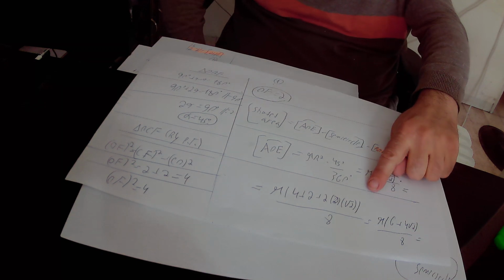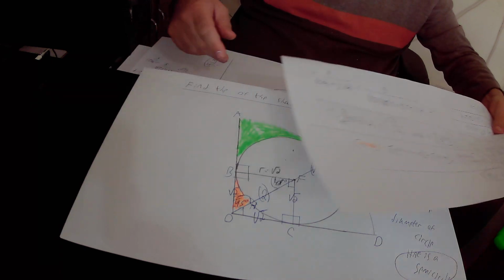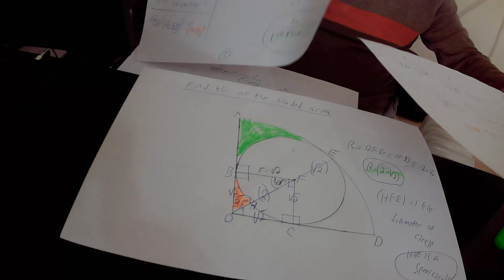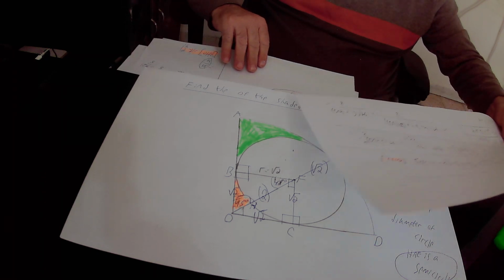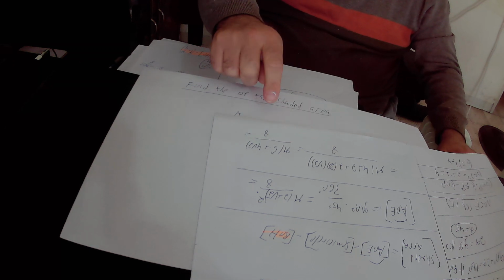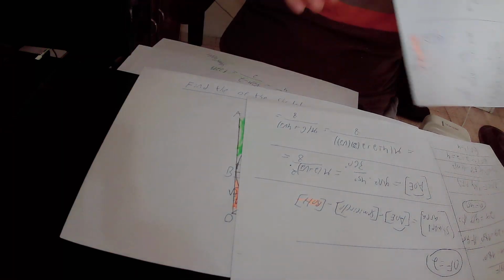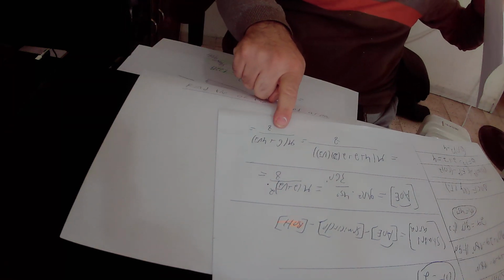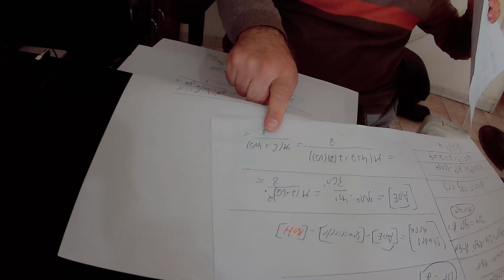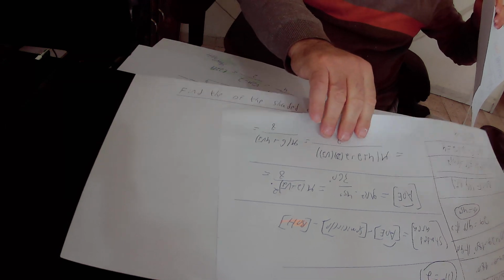here we have pi, 6 over 2 is 3, and 4 over 2 is 2, so in total inside the brackets you will have 3 plus 2 times square root of 2.